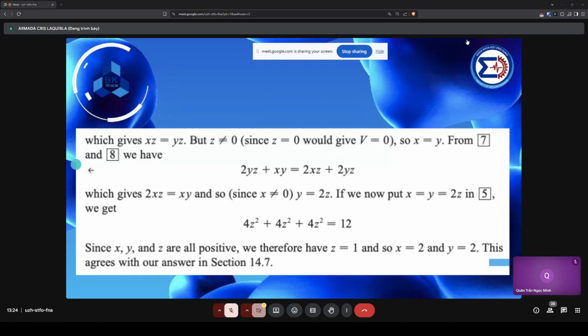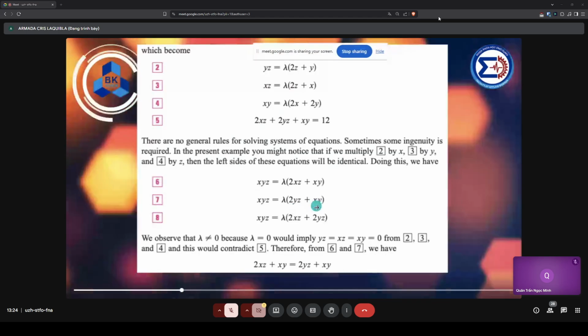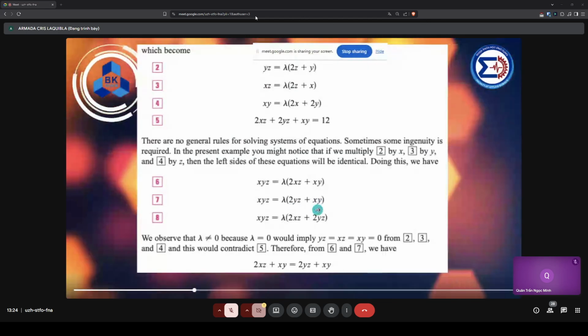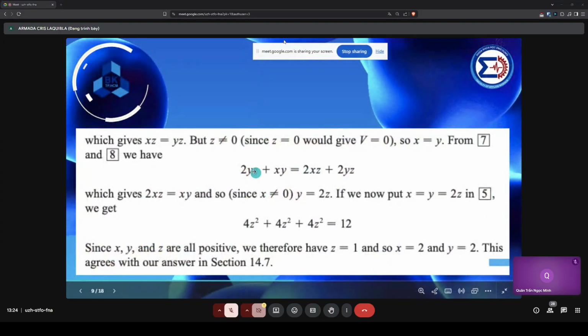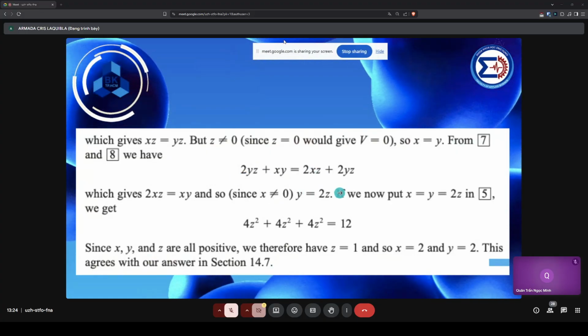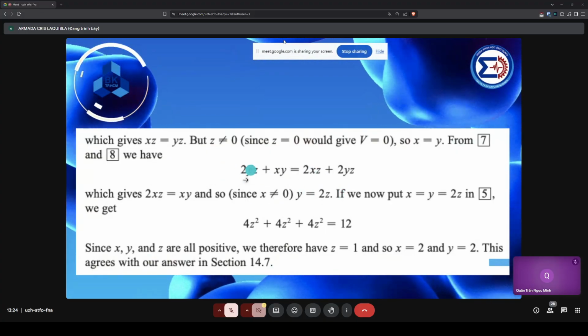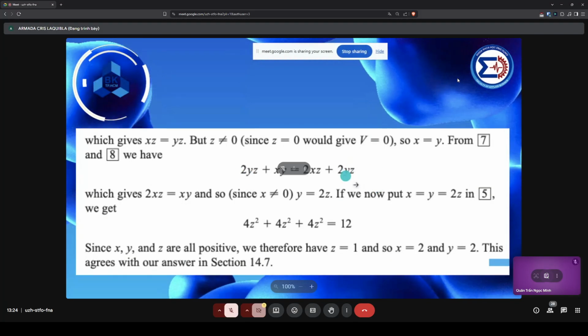Now, combining 7 and 8, if you go here, this is your seventh equation, and then your 8. So there's 2yz plus xy, then 2xz is equal to 2yz. These two will be equal. As you notice here, class, this is 2yz here, and the last here is also 2yz.